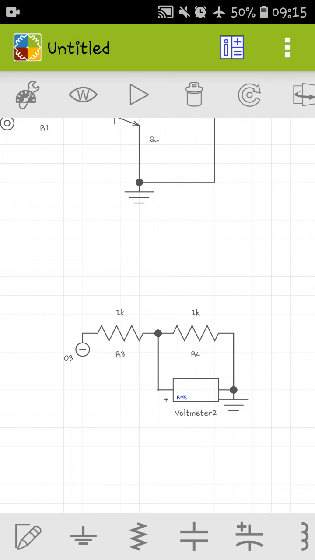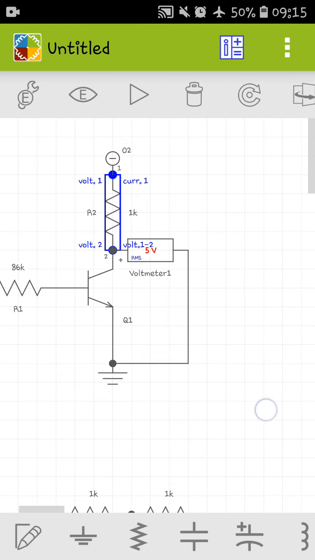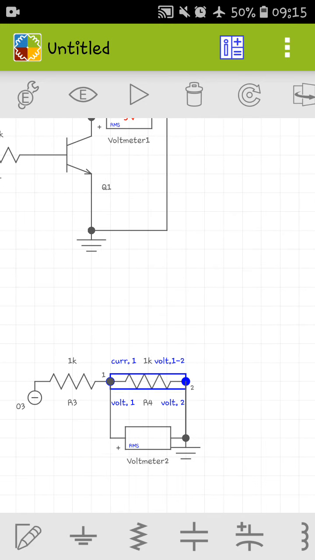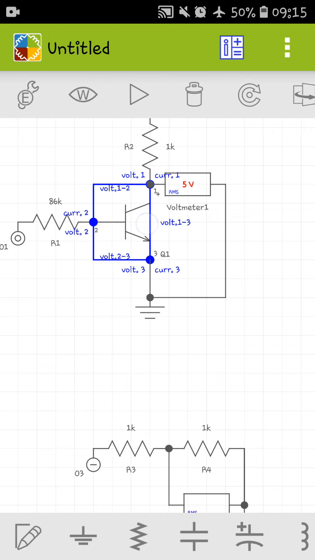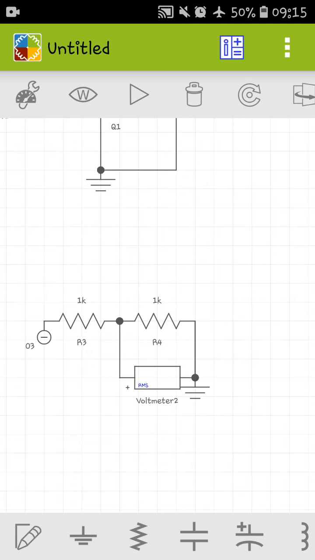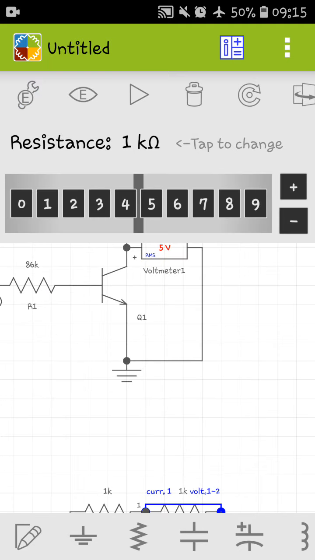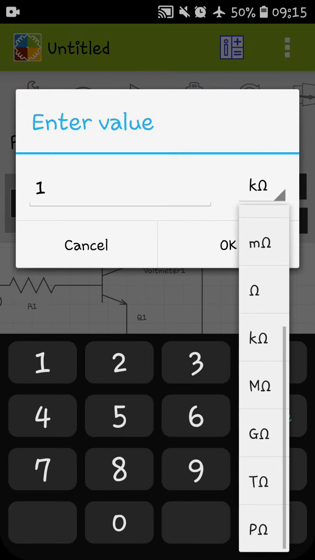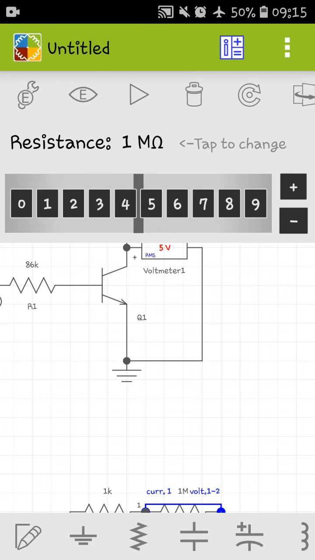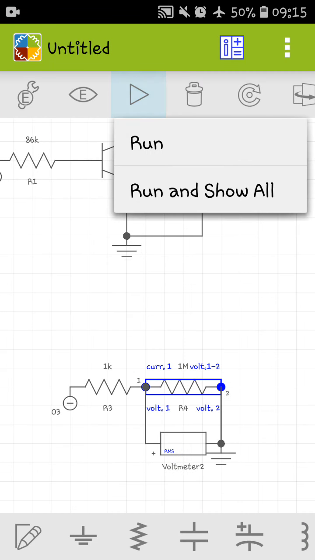Suppose this is the collector resistor in this figure and this is the equivalent transistor. When the transistor is off, its resistance is very high, in the mega ohm range, so we give here 1 mega ohm. Now let's see.